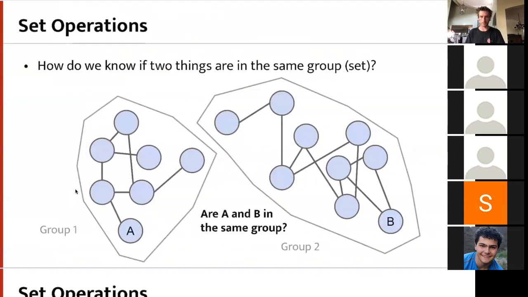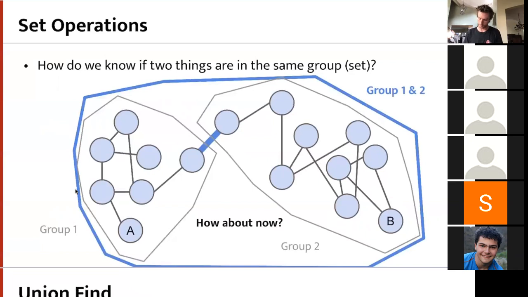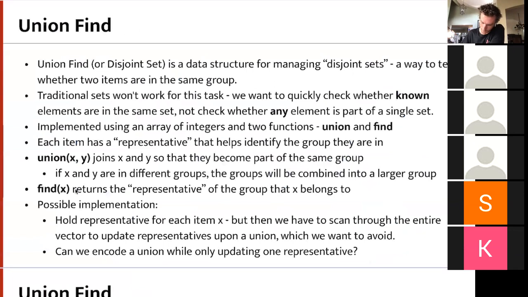Okay, how do we know if two things are in the same set? Are A and B in the same group? How do we find that out? This is find. And now if we combine these two sets into a single set, are they now in the same group? Clearly, yes. So union find is a data structure or algorithm.